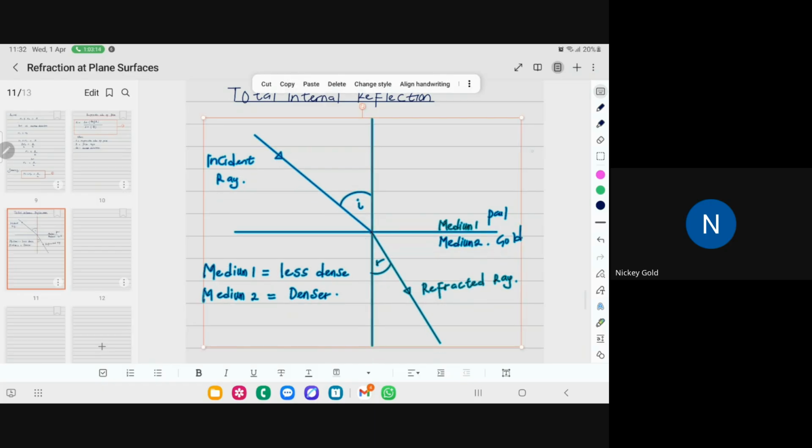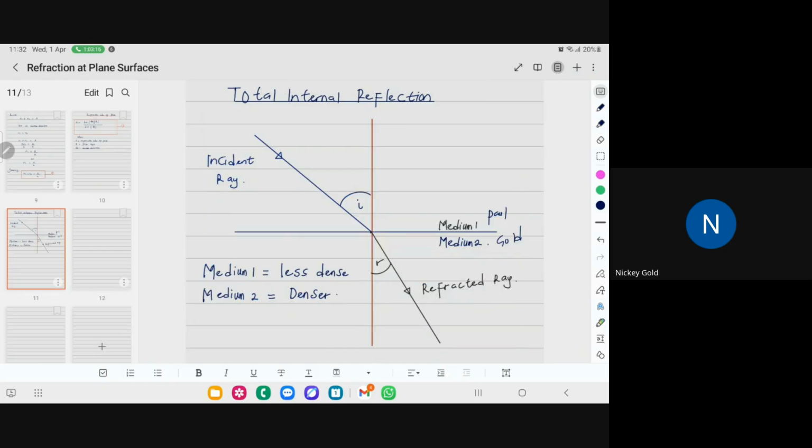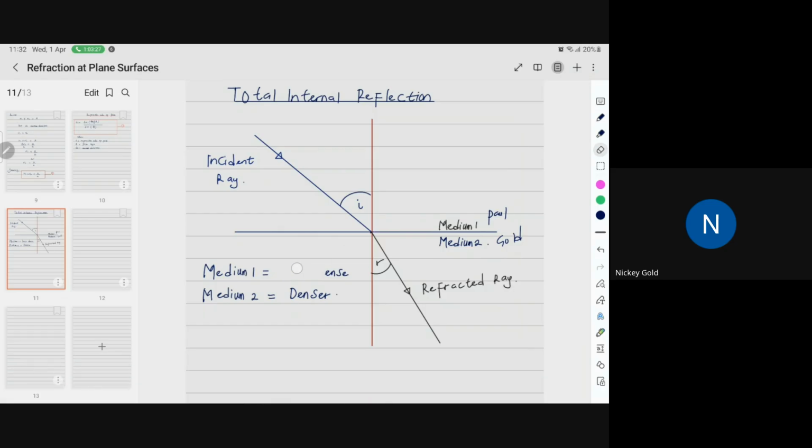Now, remember what I said. For total internal reflection, you are traveling from a dense to a less dense medium. So medium one in this case is going to be dense, and medium two is going to be less dense.